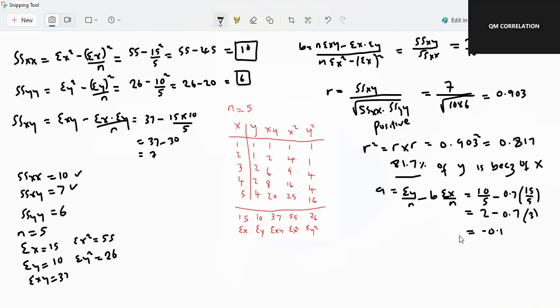This is our A. So who remembers the formula for the regression equation? Y is equal to a plus bx. What is our A?